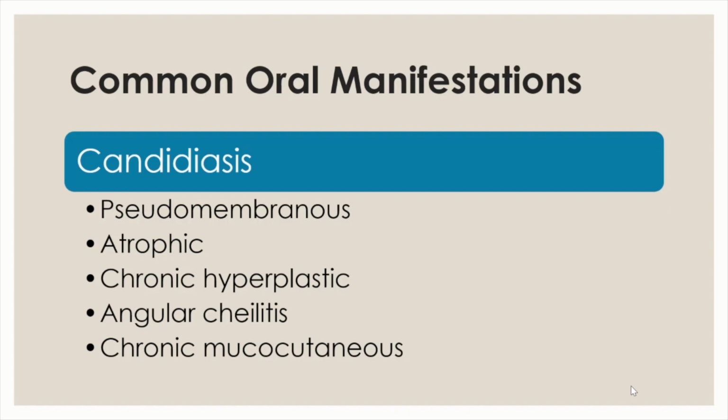The atrophic candidiasis appears clinically as a red lesion, and when located on the tongue, it is usually associated with loss of papillae. The common locations are the palate and also the dorsum of the tongue. Chronic hyperplastic candidiasis shows both red and white areas and usually presents bilaterally.